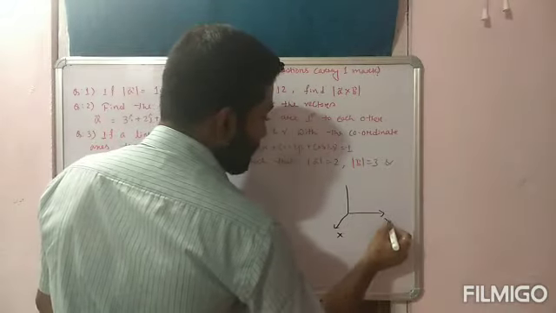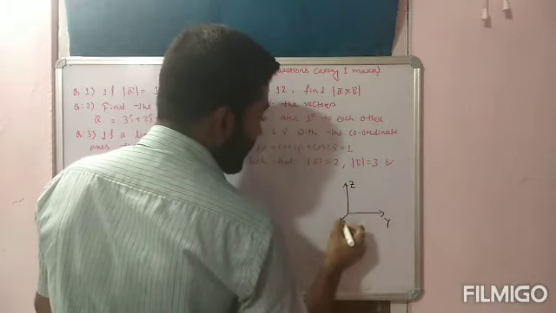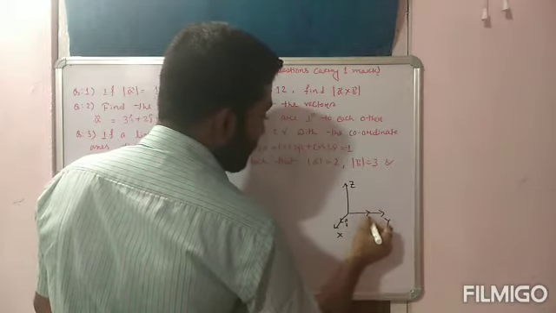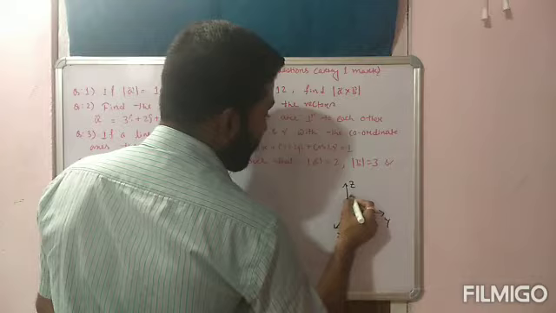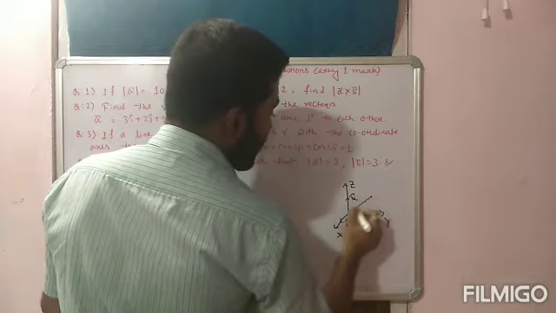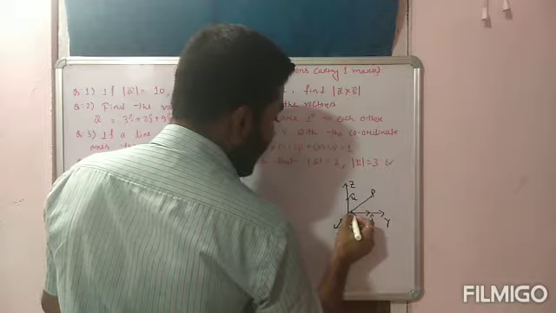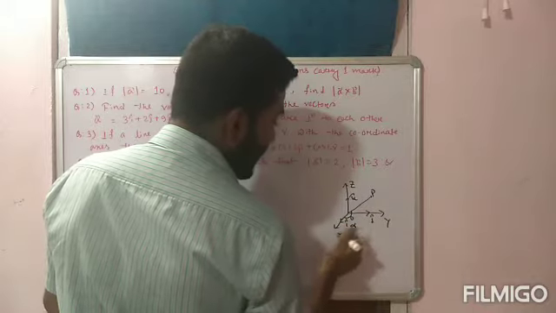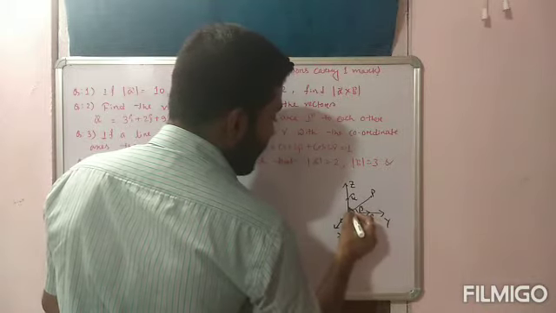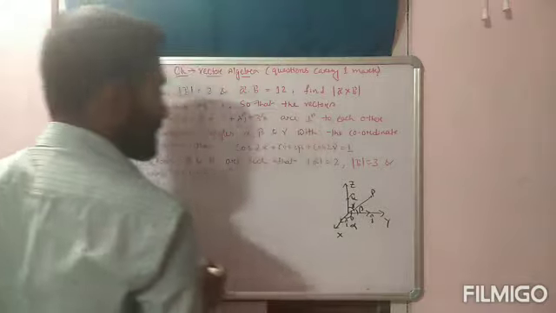This is x-axis, y-axis, z-axis. This is I cap, j cap, say k cap. There is a line, say OP. This line makes an angle alpha with x-axis, beta with y-axis and gamma with the z-axis. Okay?